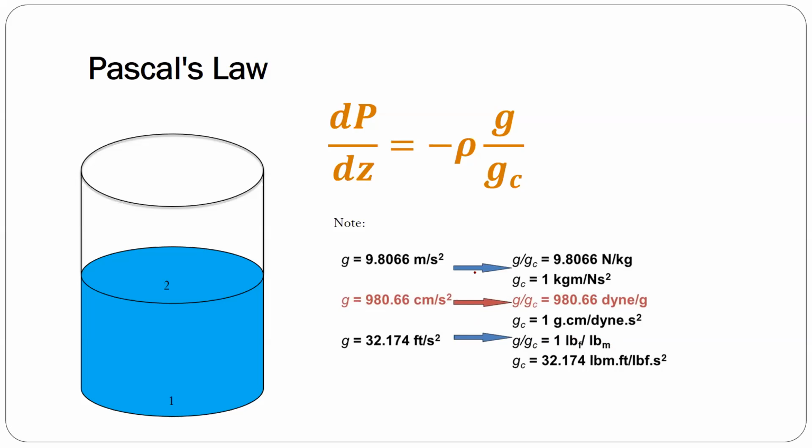Okay, so this equation can be applied in columns of fluid such as that of your fluid here inside a tank or a container. So the shape of the container doesn't matter. You could have a cylindrical geometry or triangular or what have you. Okay, the important thing is the elevation.